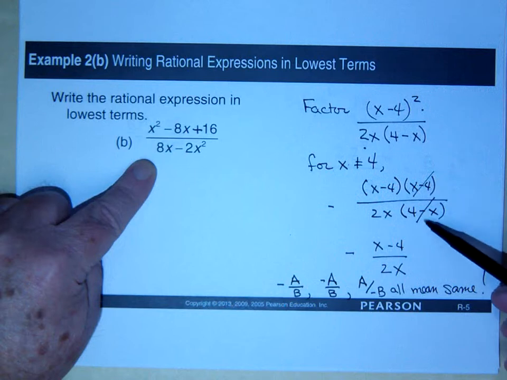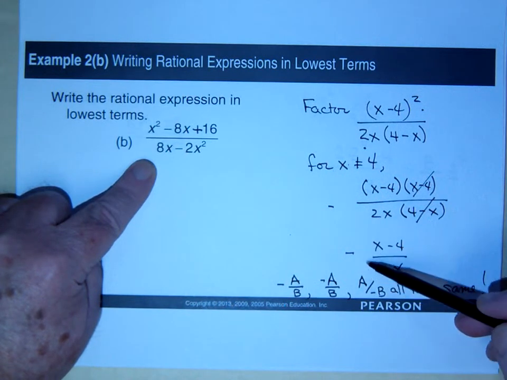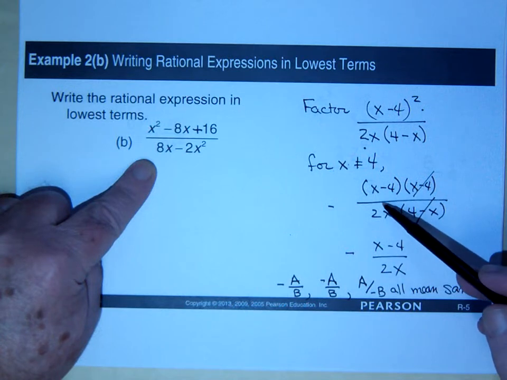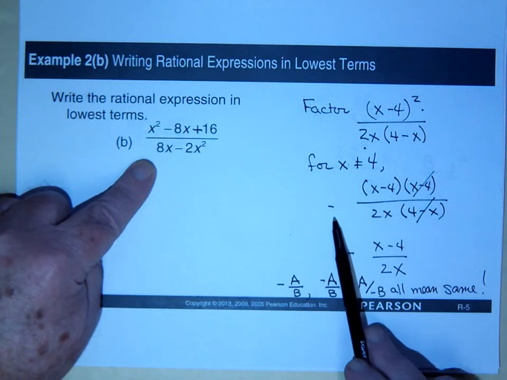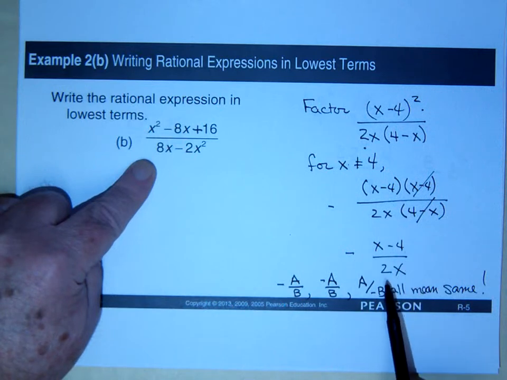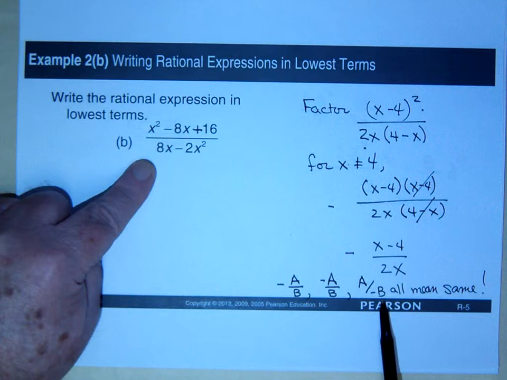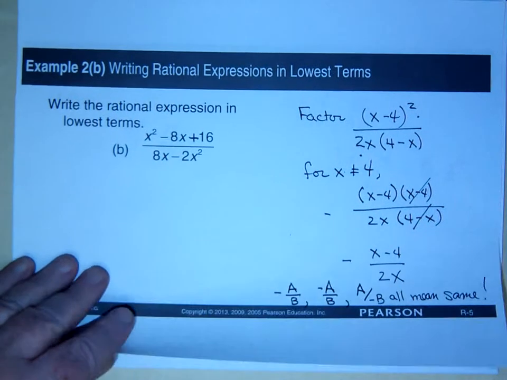Now when I cancel, those are negatives of each other, so I will get a minus in front. So it's minus x minus 4 over 2x. Note that when you have a fraction, you can put the minus out in front, you can park the minus in the numerator, or you can put the minus in the denominator. They all mean the same thing.